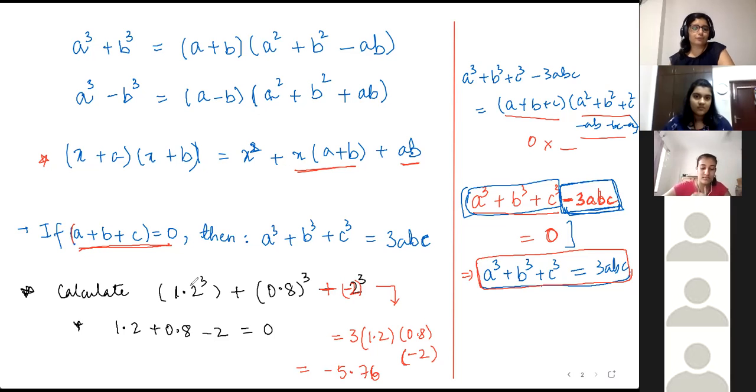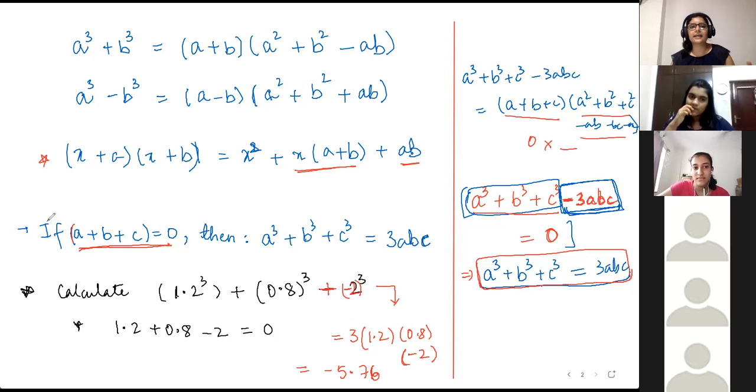Yeah. So with using numbers, this is one application of it. Sometimes when you're doing complex calculations, let's say some physics derivation or applying something in trigonometry, and you end up with a situation where a plus b plus c equals 0, and you come across a cube plus b cube plus c cube, then you can, without thinking, substitute it with 3abc because of this identity.